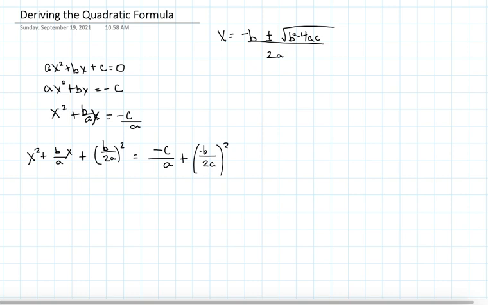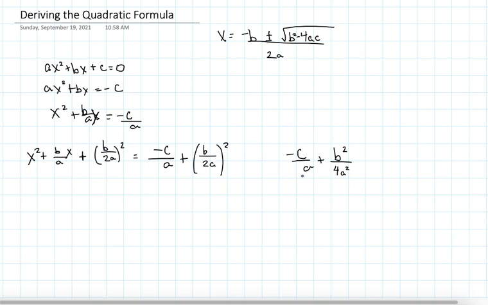So I'm going to get the denominators to be the same. So just right off here to the side, first of all, I just have negative c over a. I will distribute that 2. So I have b squared over 4a squared. And then I will just go ahead and make the same denominator. I guess I could use different colored pens.